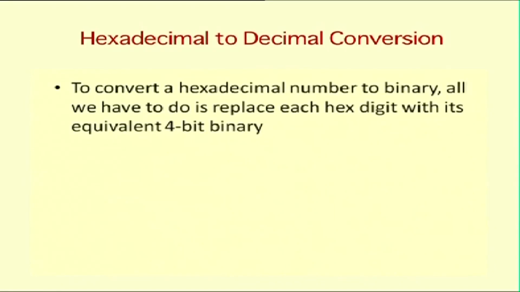Now, coming to the next one, let us go to the conversion of binary numbers. So far we have seen how a decimal number can be converted to hexadecimal number, how a hexadecimal number can be converted to decimal number. Now, we are going to see how a hexadecimal number can be converted to its binary form.